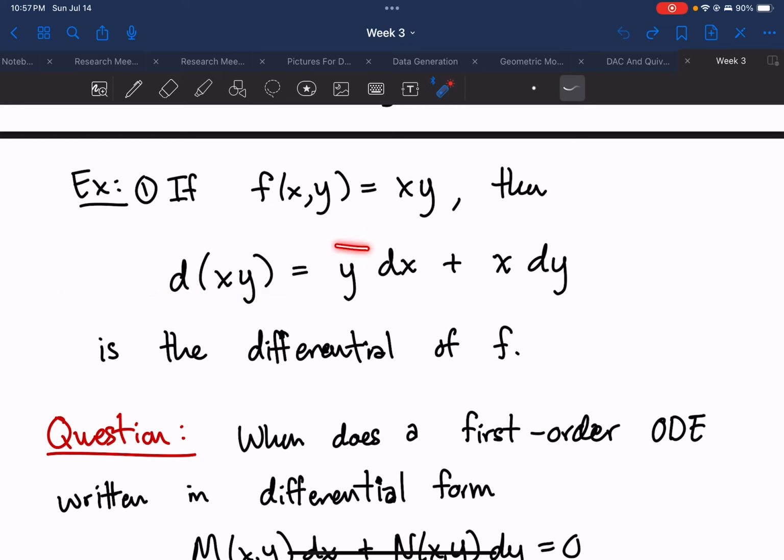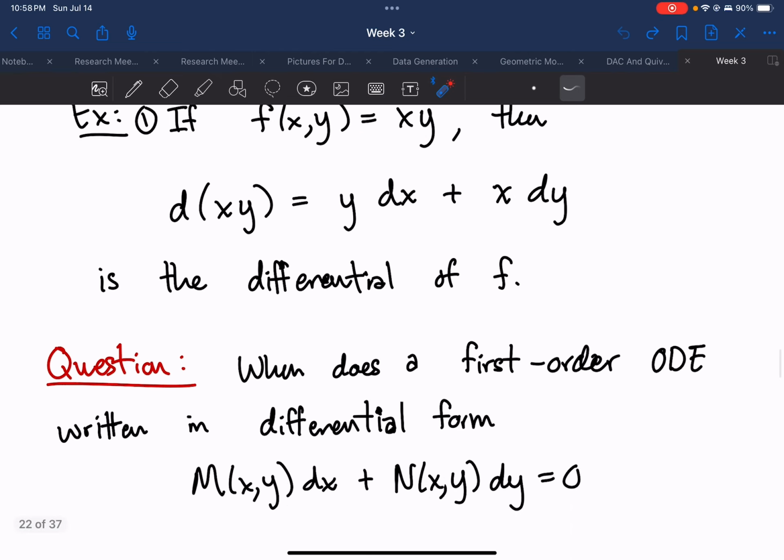This right here is partial f partial x, which is y. And this is partial f partial y, which is x. So dx, dy. That's the differential of that function.